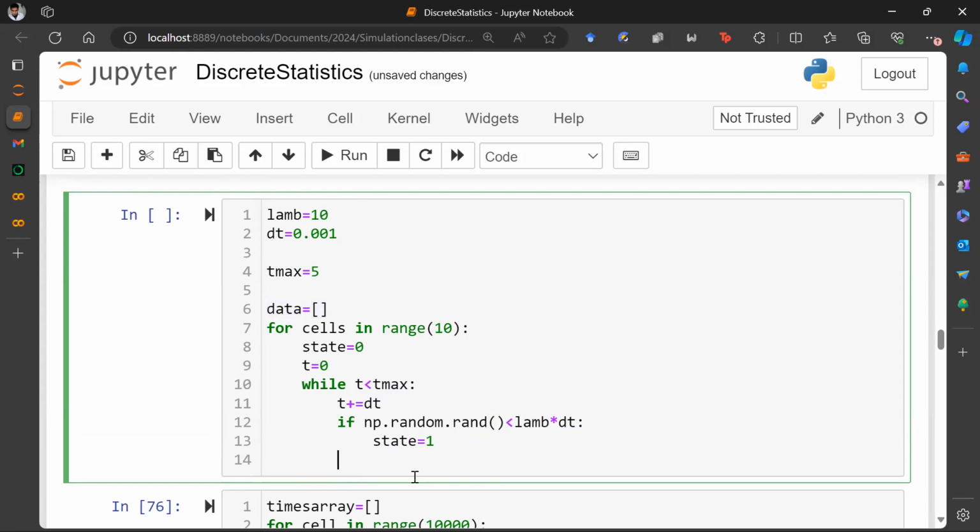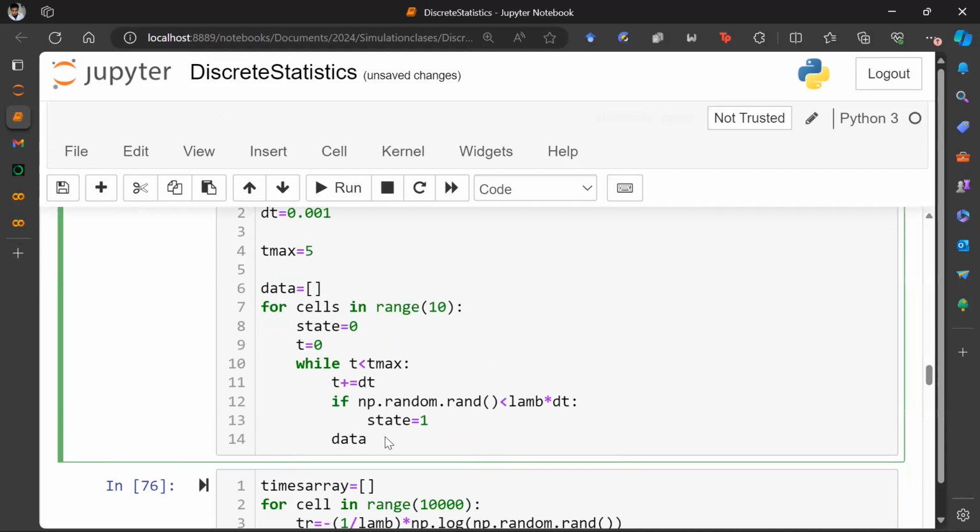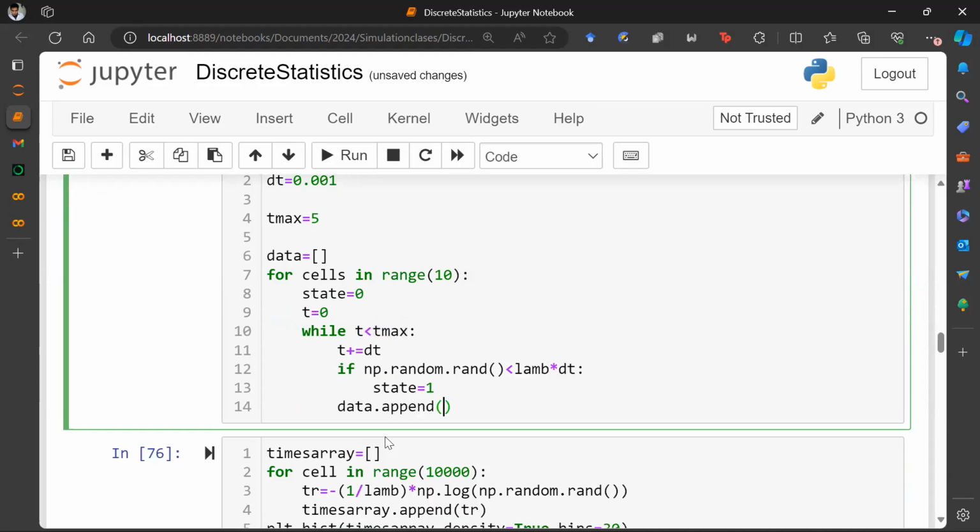And I'm going to export the data. So you're going to use data.append. I'm going to save the number of the cell. So let's use here cells and the state of the cell.